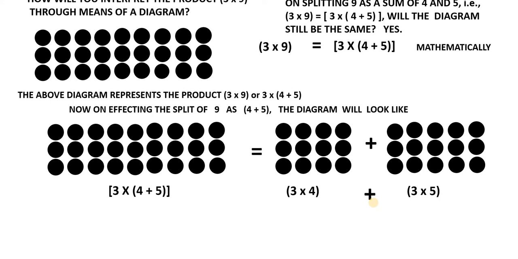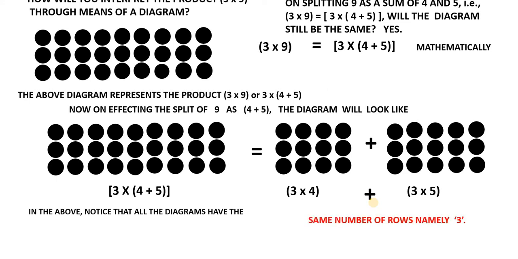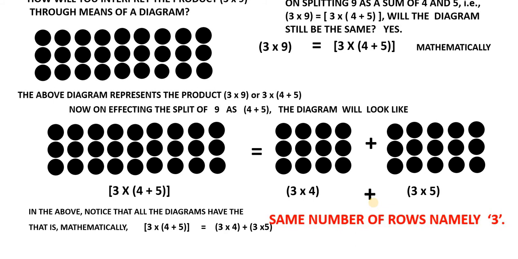Notice that all the diagrams have the same number of rows, 3 in this case. I have taken a specific case. Mathematically, 3 into 4 plus 5 equals 3 into 4 plus 3 into 5. We have distributed the 3 among the two numbers 4 and 5.